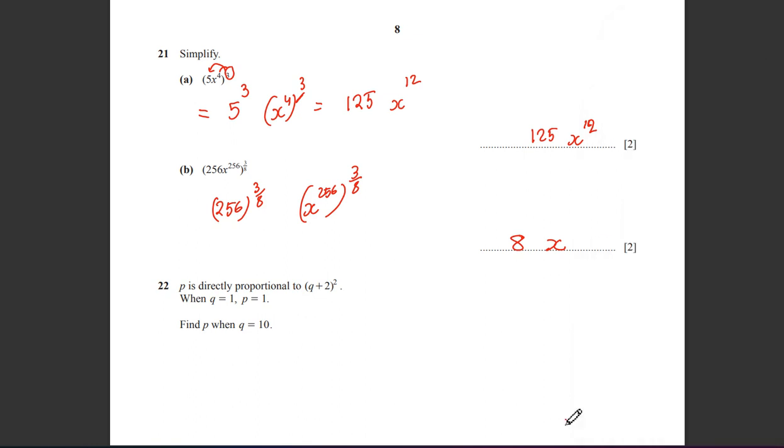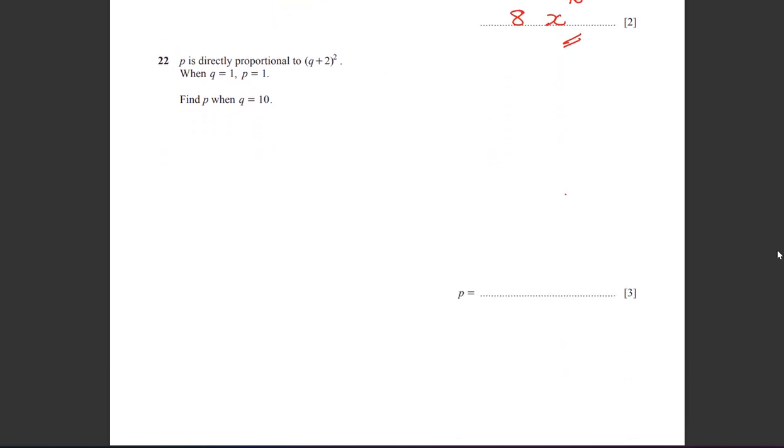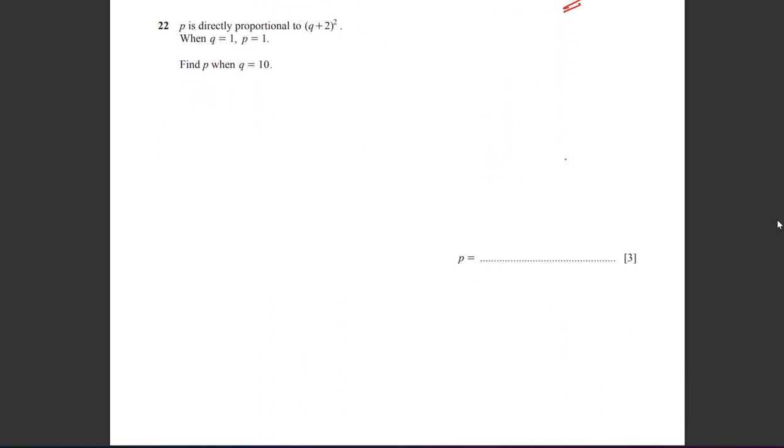For question 22, he's telling me P is directly proportional to Q plus 2 all power 2. So first of all, I should write the proportionality statement, which is that P is directly proportional to Q plus 2 power 2. Then instead of this, I'm going to write equals K, any constant, times Q plus 2 power 2.